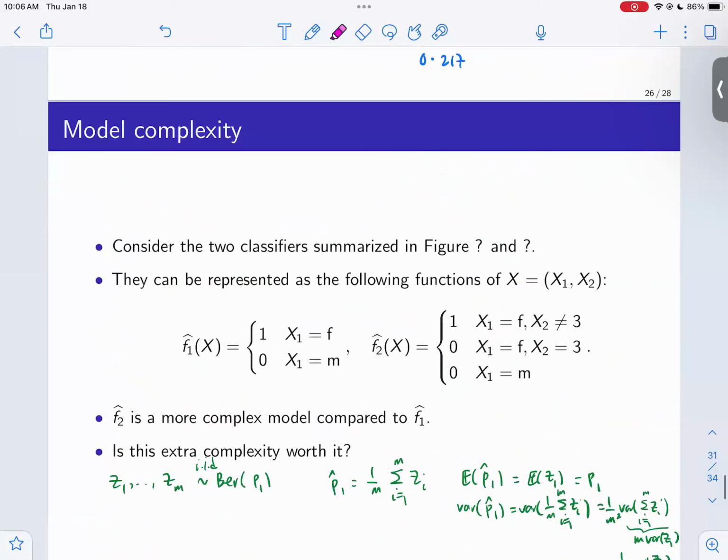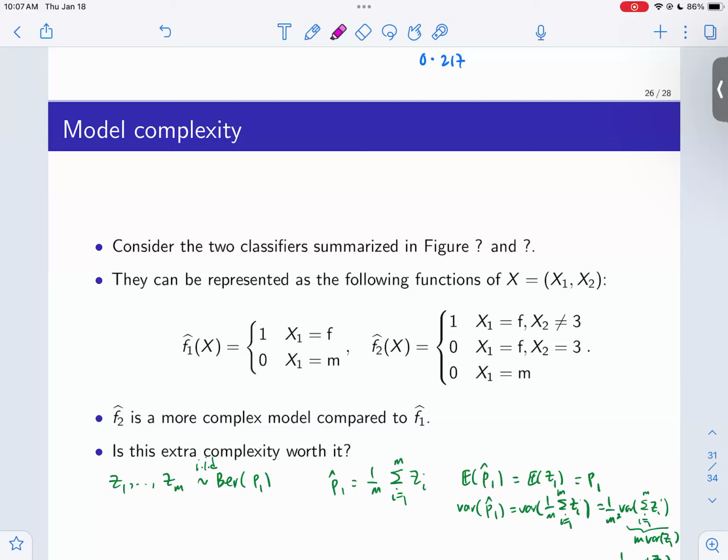So we concluded that they're maybe not different. The thing is, people usually go with a simpler model if there's no reason not to. This looks like a slightly better classifier, but you're not sure, so maybe we'll stick with the simpler one. In practice, it's often safer to use a simpler model.